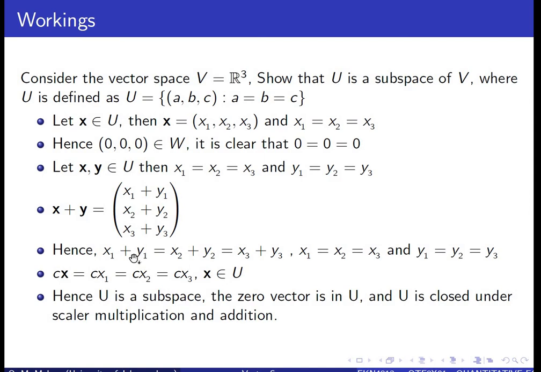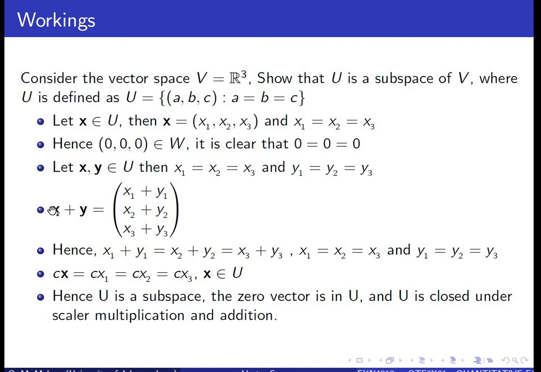Therefore, cx is in W, not just x, but cx is in W, which means I have achieved closure under scalar multiplication.